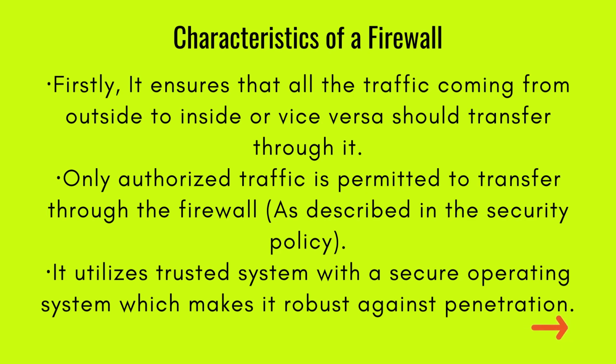Only authorized traffic is permitted to transfer through the firewall as described in the security policy. Number 3. It utilizes a trusted system with a secure operating system which makes it robust against penetration.